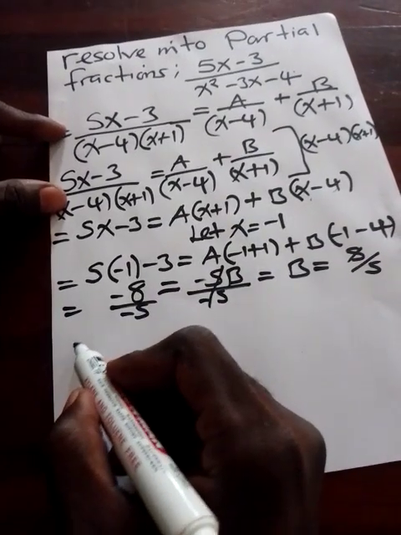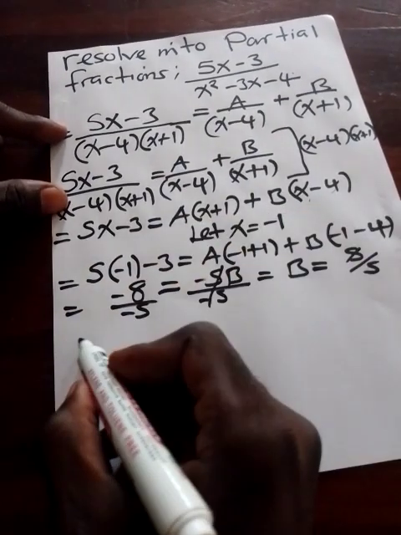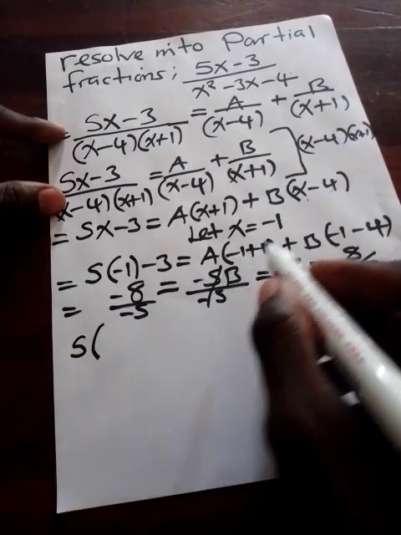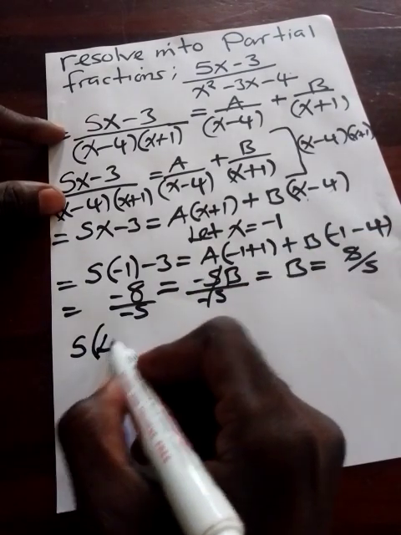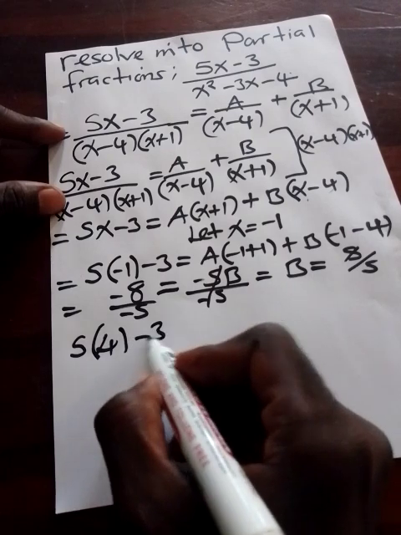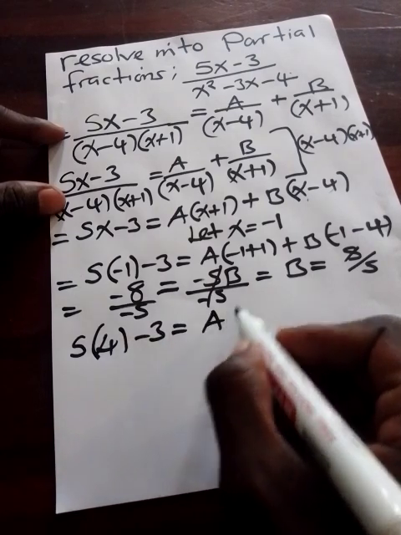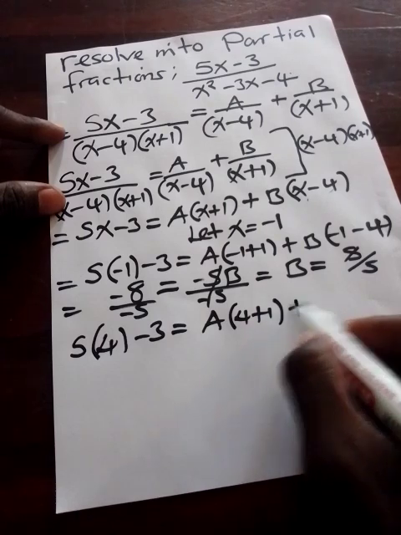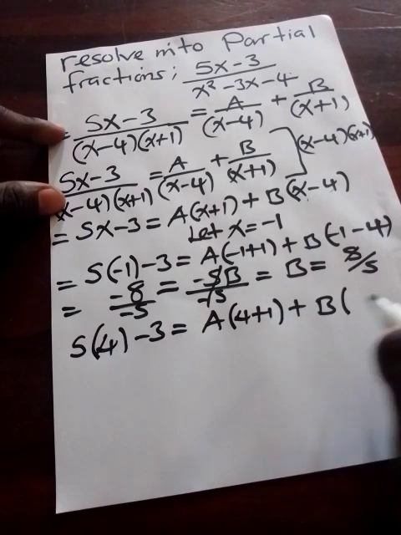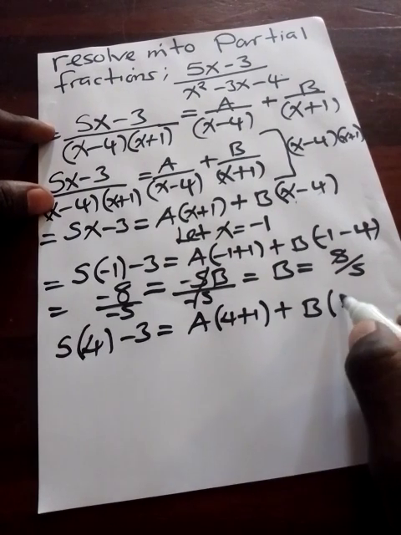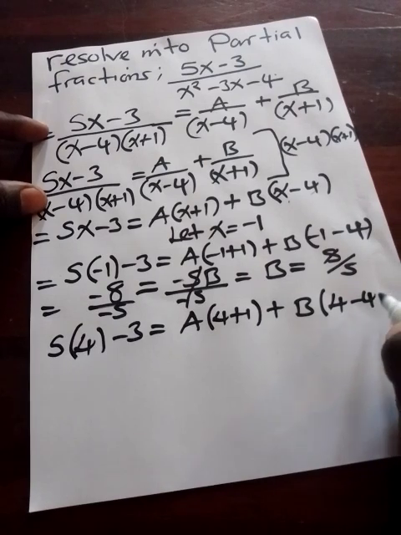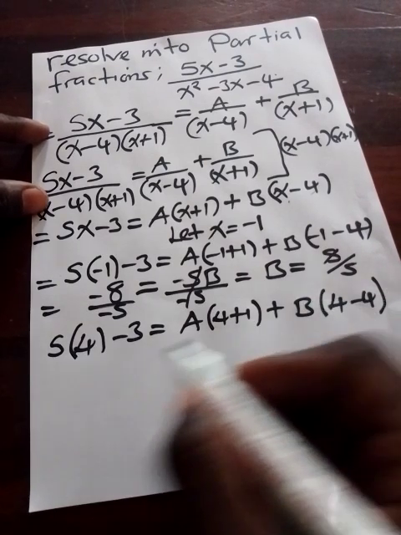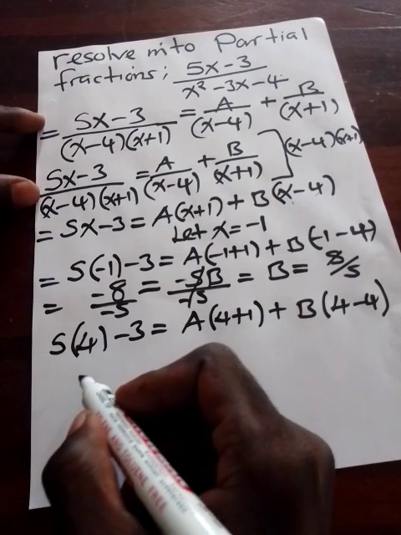I'll write this again: you have a 5, where there is x, this time you are letting x be equal to +4, so 4 minus 3, which is equal to a, where there is x, we're putting 4 plus 1, then plus b, in brackets you have +4 minus 4, that will just give you a 0, so meaning that the b is gone. We've eliminated the b in that way.